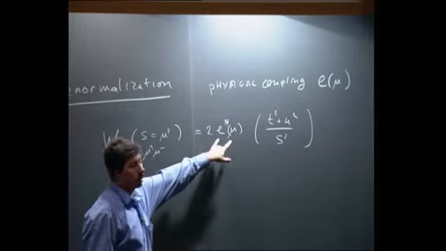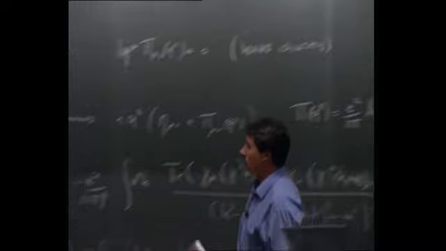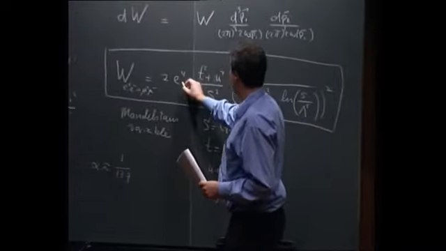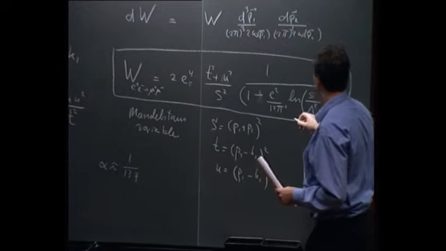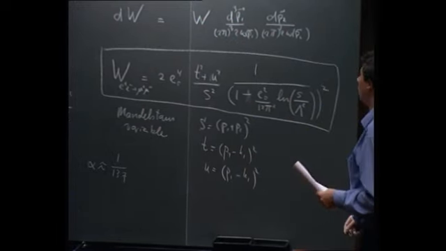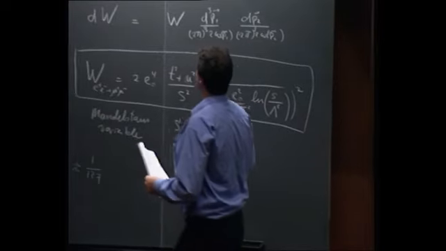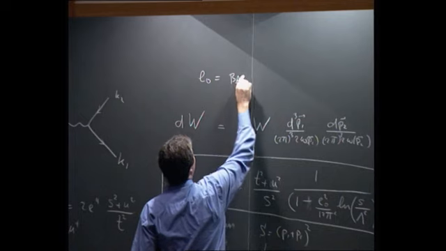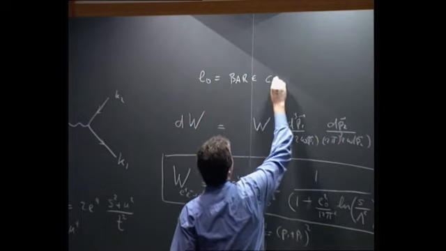This E of mu is not the same E which I have here, and I'm going to make that clear by putting a 0 here, because I have the physical coupling constant here, but this is going to be called the bare coupling constant, E0. So E0 is the bare coupling.